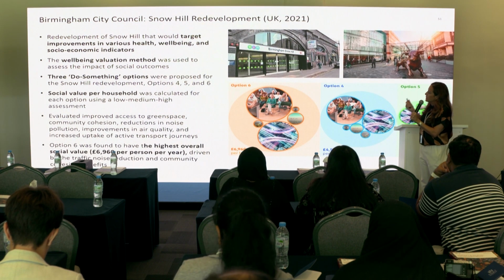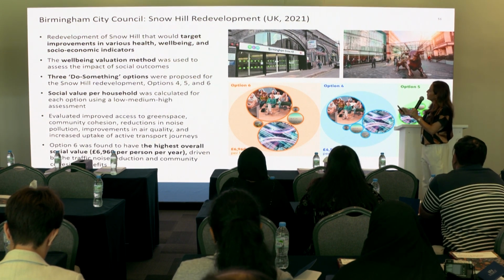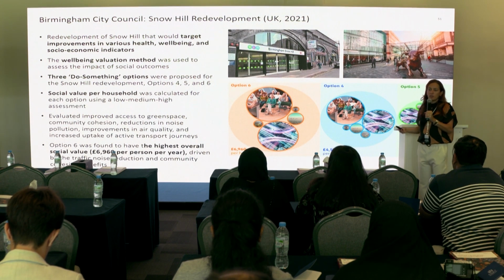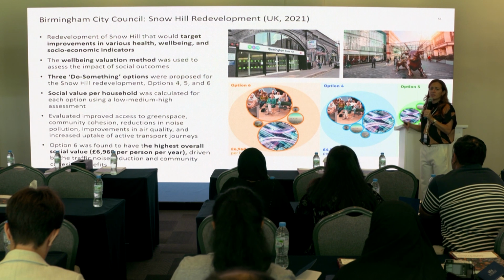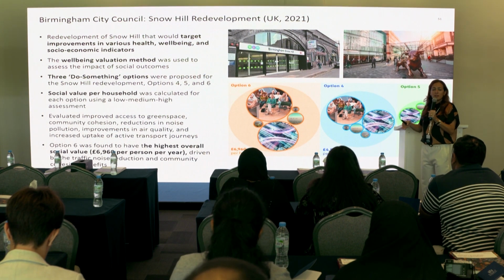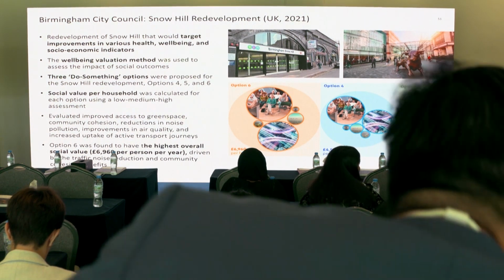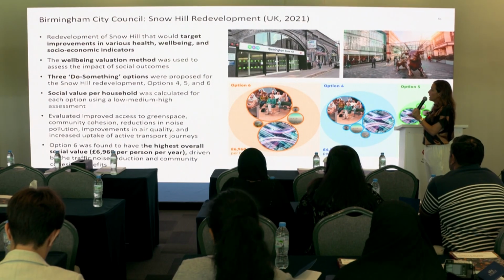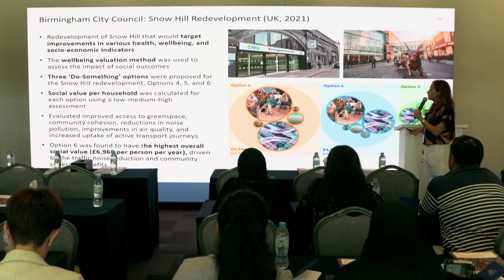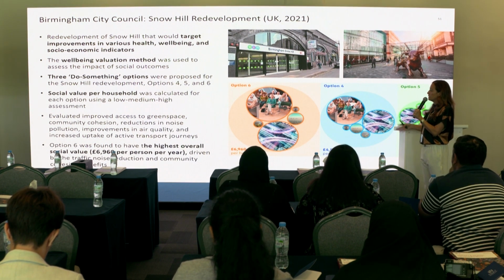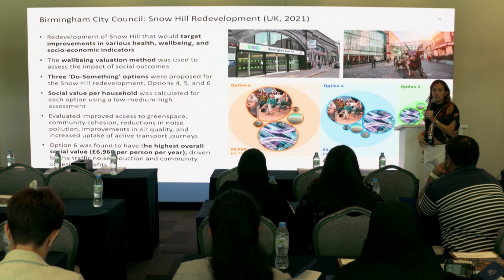Another example is in Birmingham. It's called the Snow Hill redevelopment in Birmingham City. Very similar, where they also worked with the community to understand the needs. They gave them different options to see what their different wants were, and then based on that, they went ahead with the redevelopment of the city, and they improved access to green space and community cohesion.